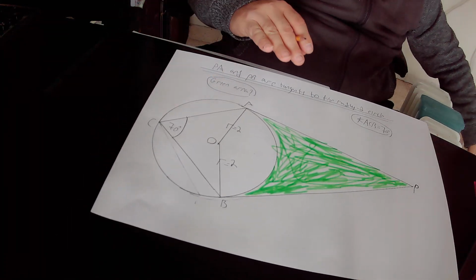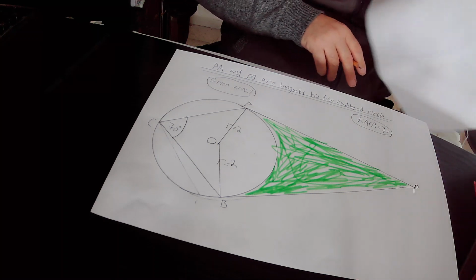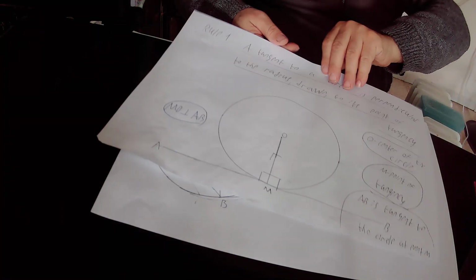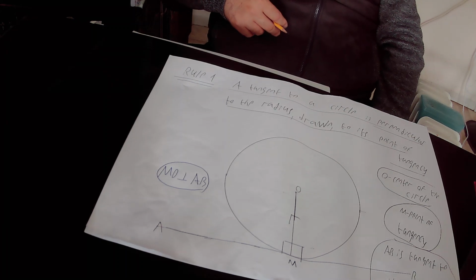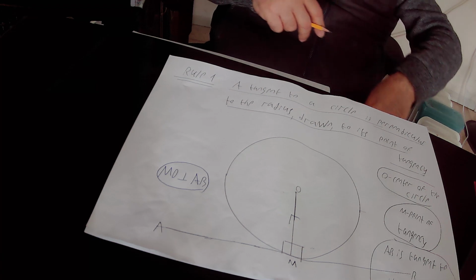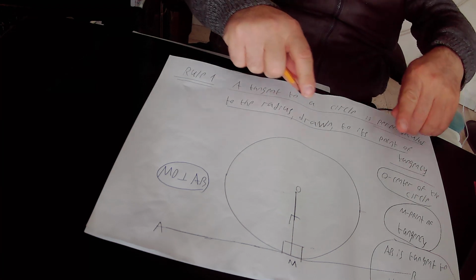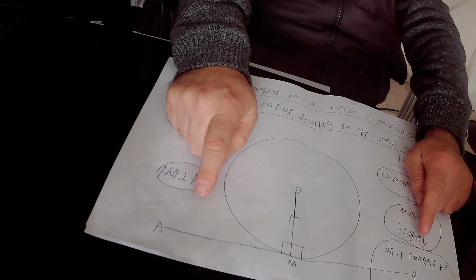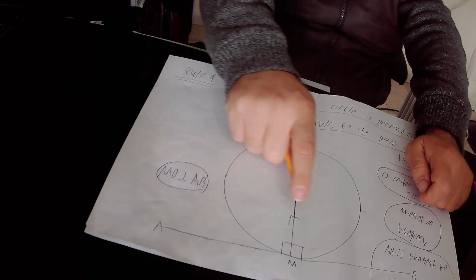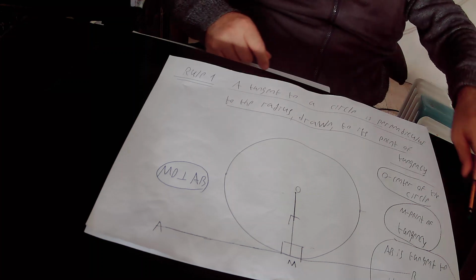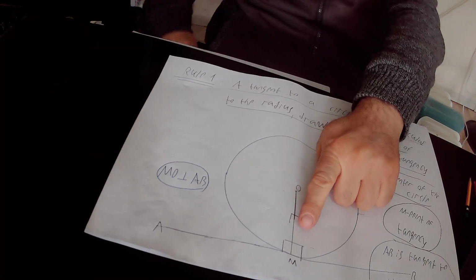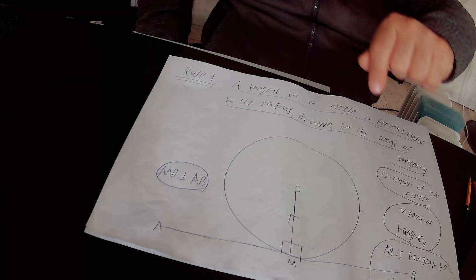According to rule 1, a tangent to the circle is perpendicular to the radius drawn to its point of tangency. So in the drawing we have a circle, and we also have tangent AB, that is tangent to this circle here at point M. And we also have the radius OM that is drawn to point M, the point of tangency of tangent AB with this circle.